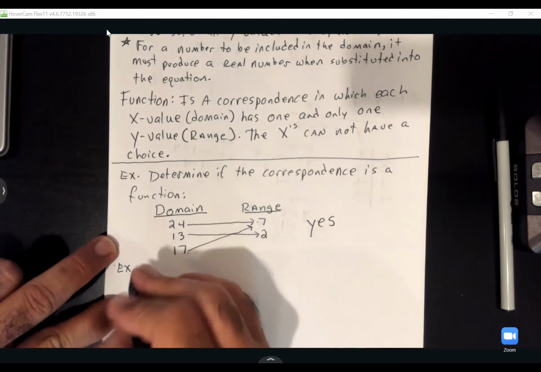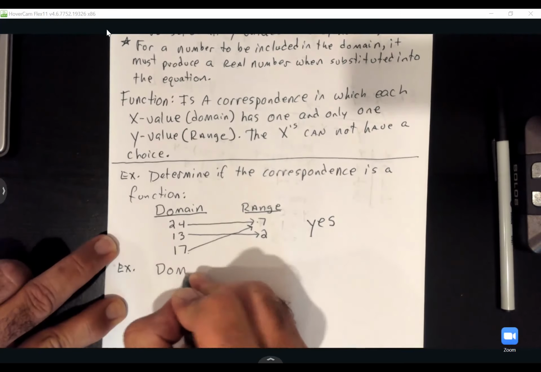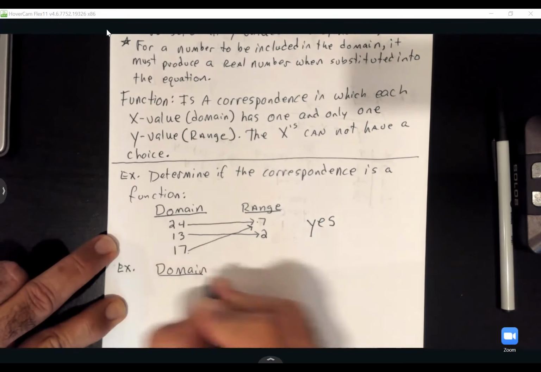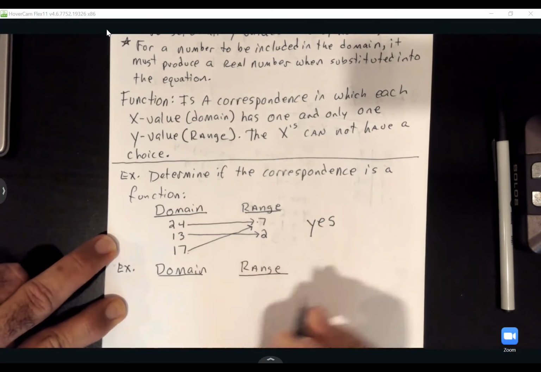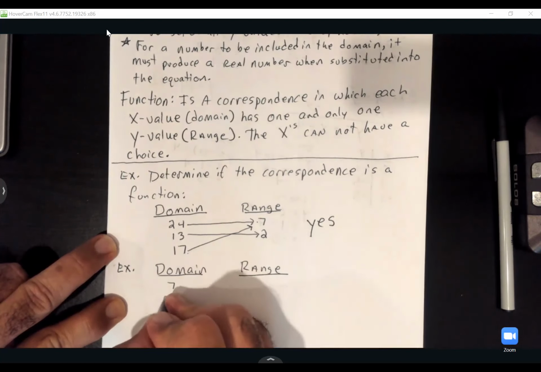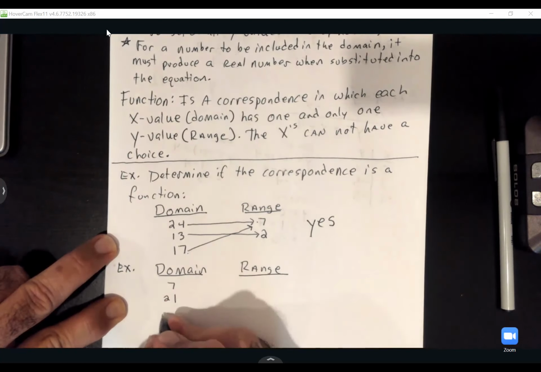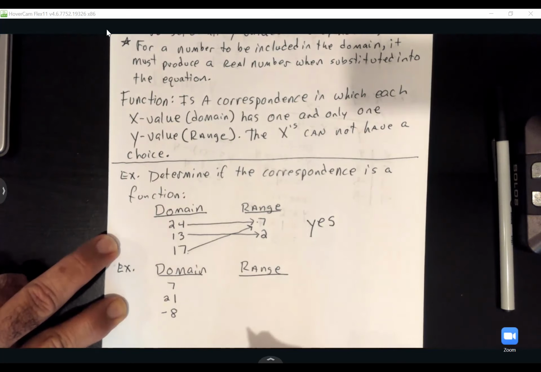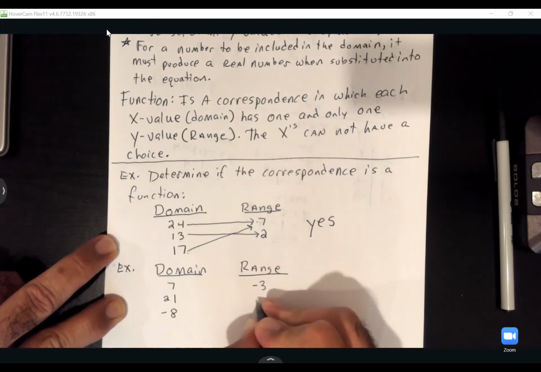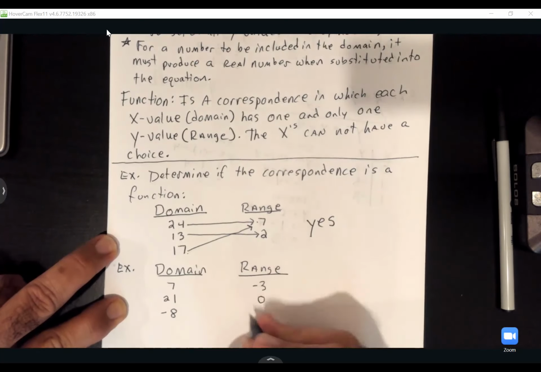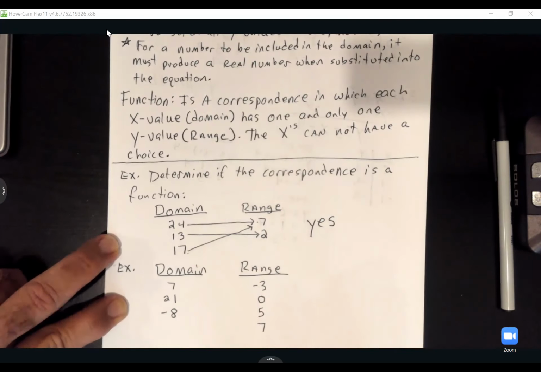So y'all, let me do another one of those. Domain and range. So I'm going to do 7, 21, -8. All right. Over here for my ranges, -3, 0, 5, and 7.